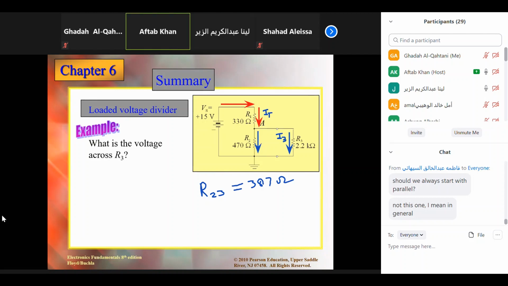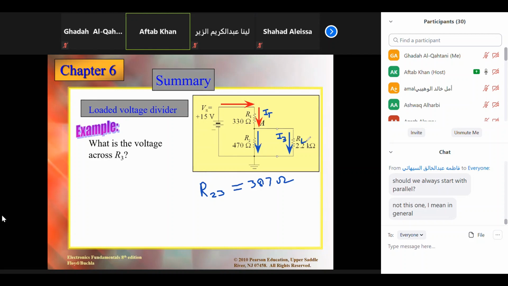Yeah, it's the same thing, because this is basically the same kind. But if we are saying loaded, then rather than saying R3, you will see RL there, which makes it clear that this is the load. Even in general, Fatima, it depends upon the connectivity, how the resistances are connected together.